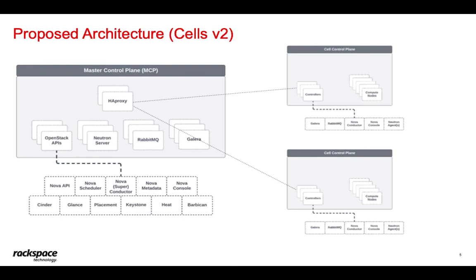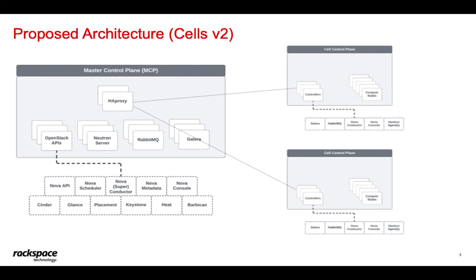With cells v2, all of the traffic between compute node, RabbitMQ, Galera stays localized to the cell. So you can scale a cell out, much like we did previously, up to say 500 or 600 or 700 nodes, where you hit that same problem. But then you can just stamp out another cell.